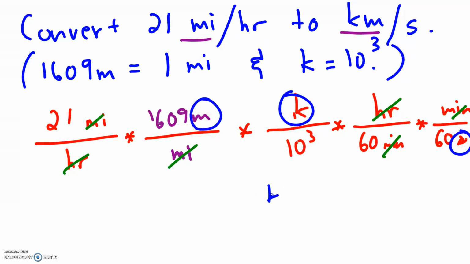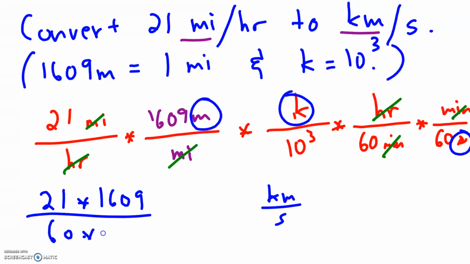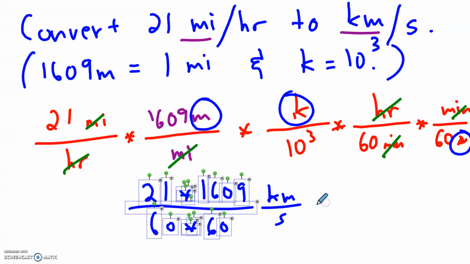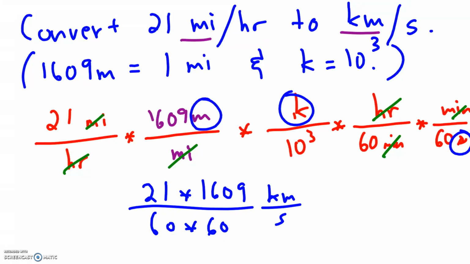So I combine the units, I combine the values, and when I calculate this, what do I get? 0.0094 kilometers per second.